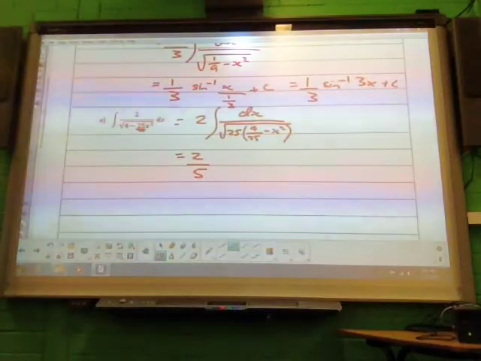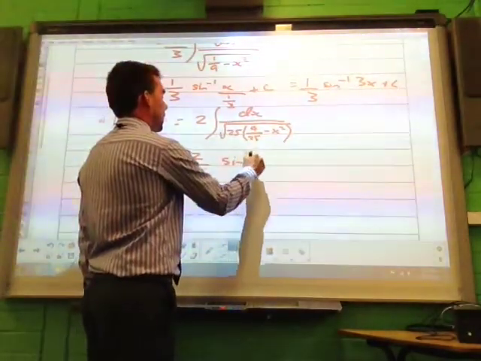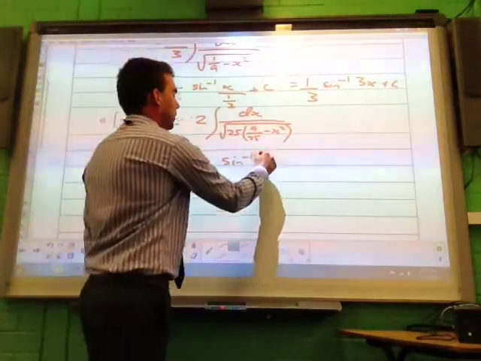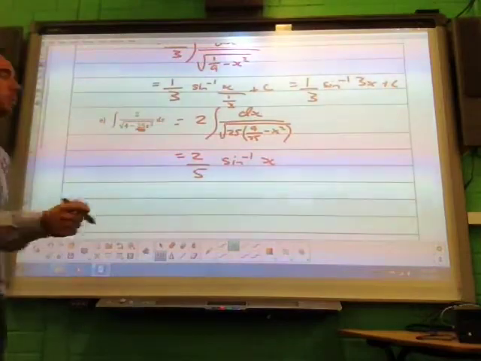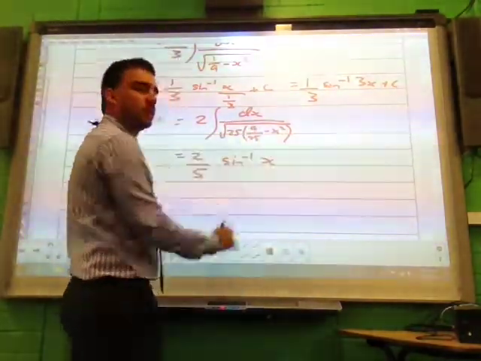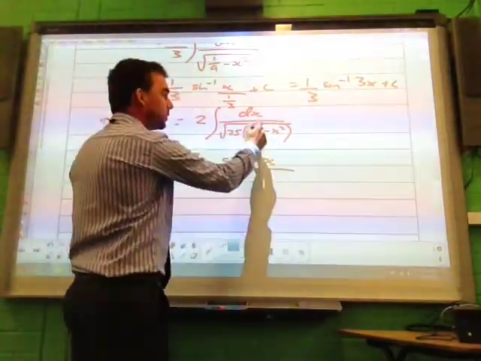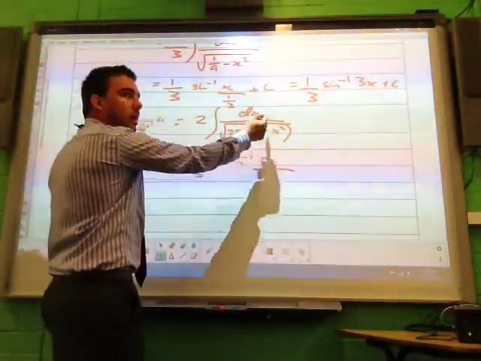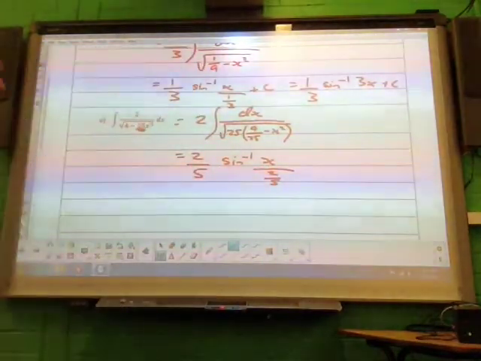So that is your sine. Sine inverse of x, or whatever the variable is, could be y, this could be theta, not always x, over the value of a. So x over a, where a squared is part of the formula, so that would be 2 over 5 for a.